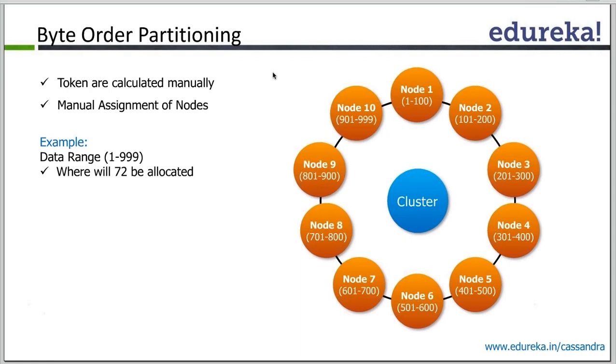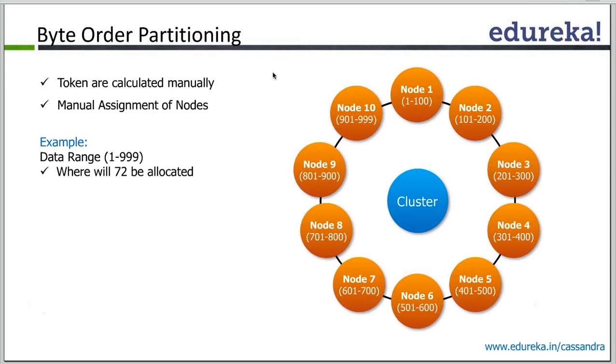Coming to byte order partitioning. The concept is simple, where your tokens are calculated manually. Say I have to store data of 0 to 1 million keys, and I have say 10 nodes. So you break it down into 100,000 each.